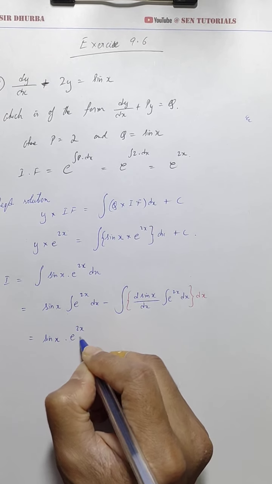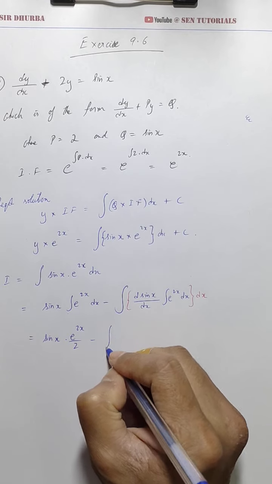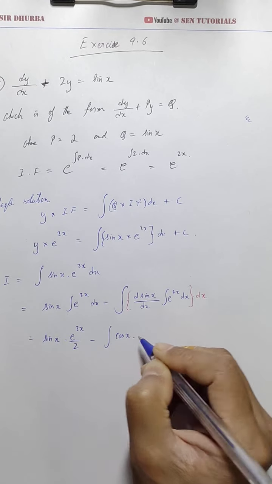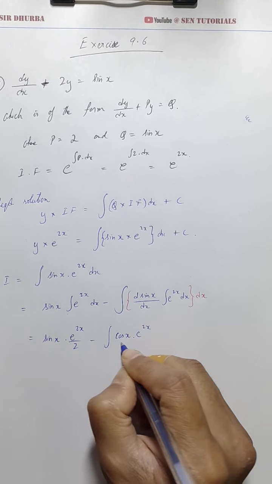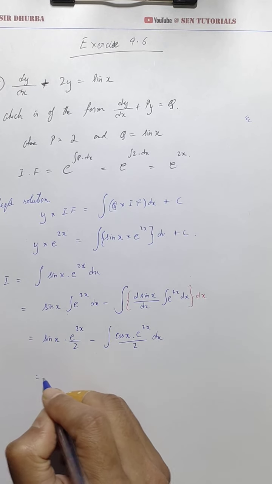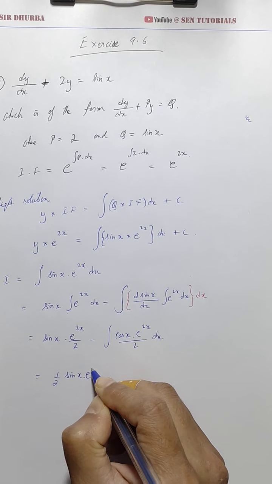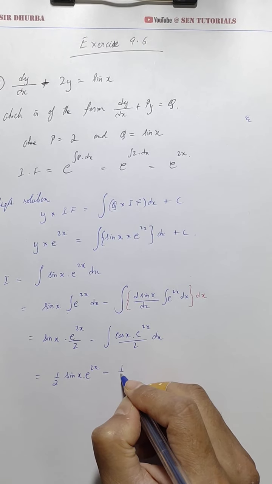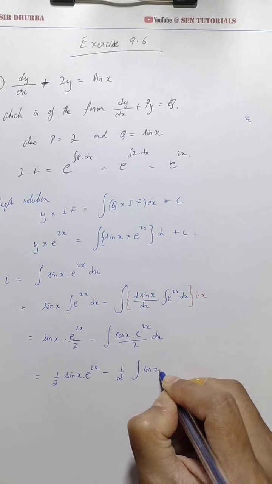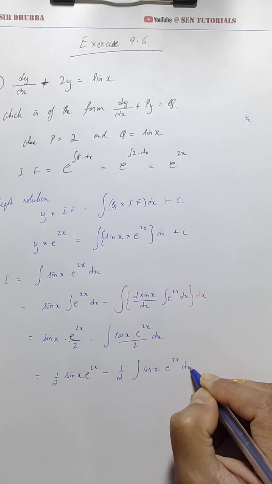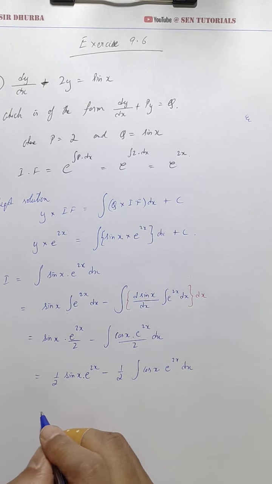So that's going to be sin x e to the power 2x divided by 2, minus the integral of cos x e to the power 2x divided by 2 with respect to x. So that's 1/2 sin x into e to the power 2x minus 1/2 integral of again cos x e to the power 2x with respect to x.